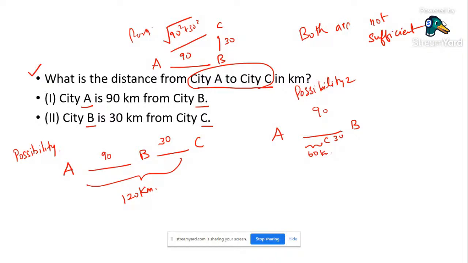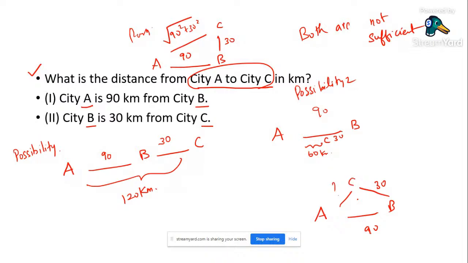Yes. That's a very good doubt. Pratmesh is saying, sir, if you place all the cities in a straight line, of course you can write it, fine. But it is one of the possibilities. We don't know whether all the three cities lie on the same line. A, B, C could be like this also. They can form a triangle also.